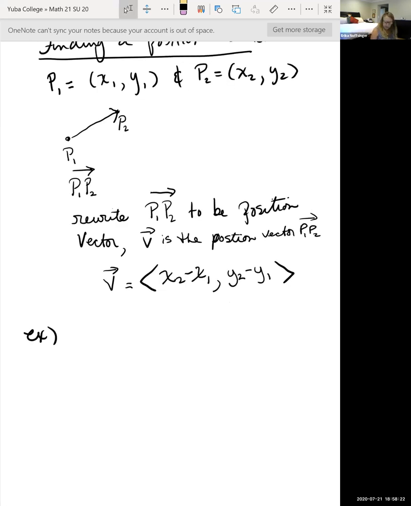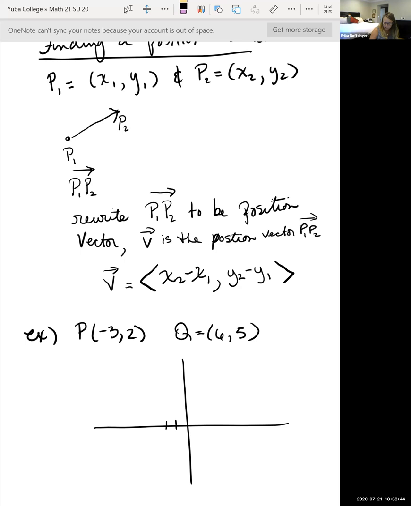So let's say you have initial point P at (-3, 2) and Q is equal to (6, 5). So let's just look at that vector real quick. So let's plot those points. At (-3, 2), we have a point P, and Q is at (6, 5).